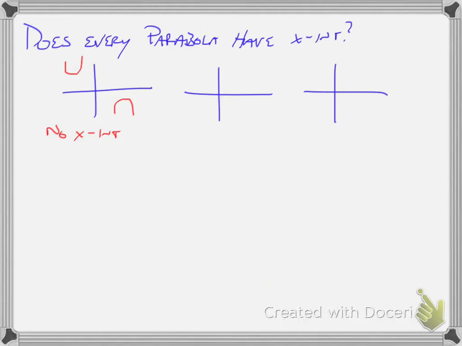The majority of the time, you do have two x-intercepts. But if the vertex is on the x-axis, there is one x-intercept.